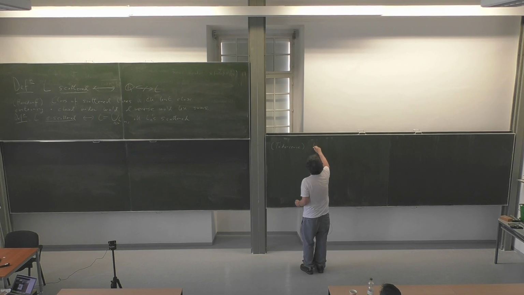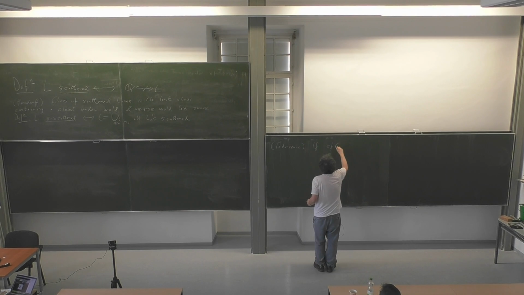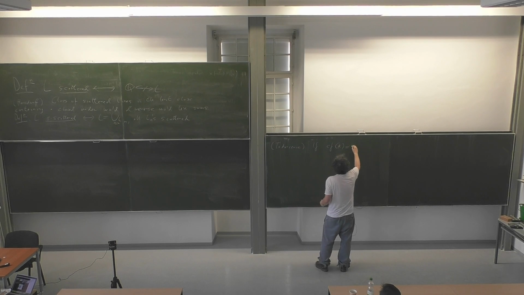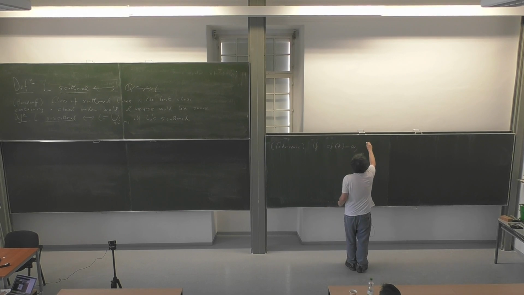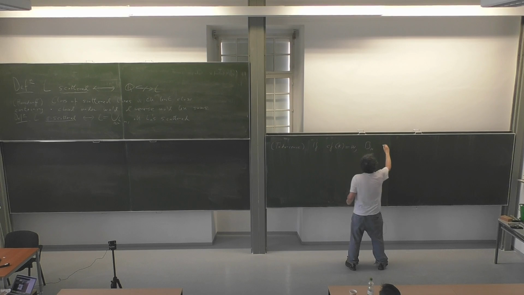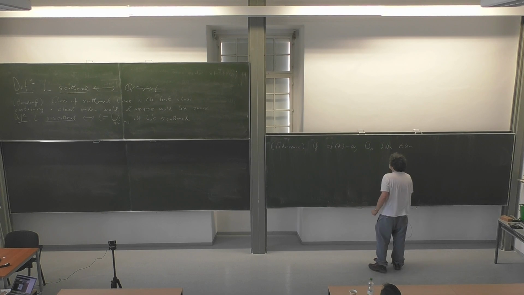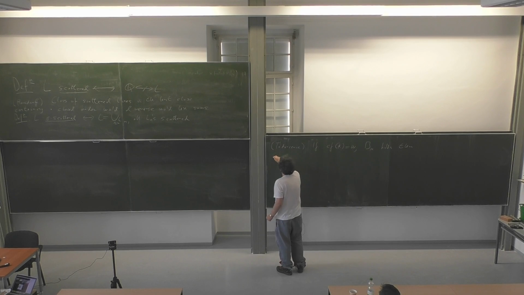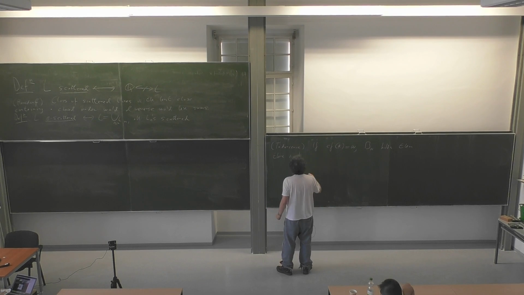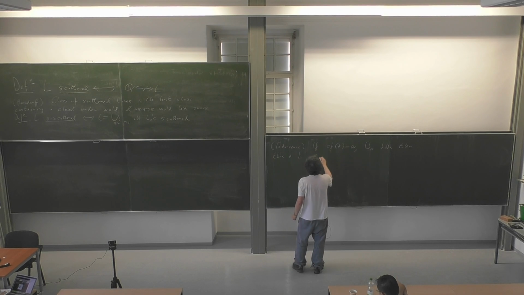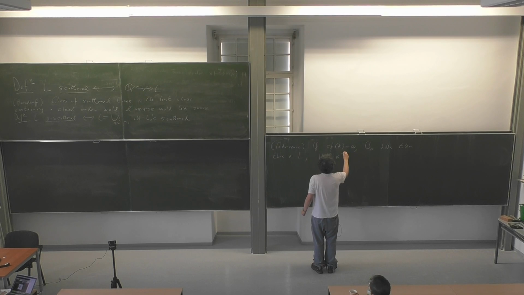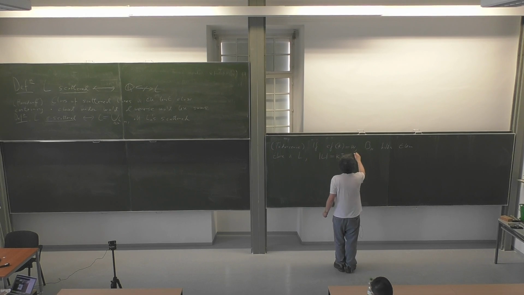So if square kappa holds and kappa has cofinality omega, there is a linear ordering L of cardinality kappa plus.